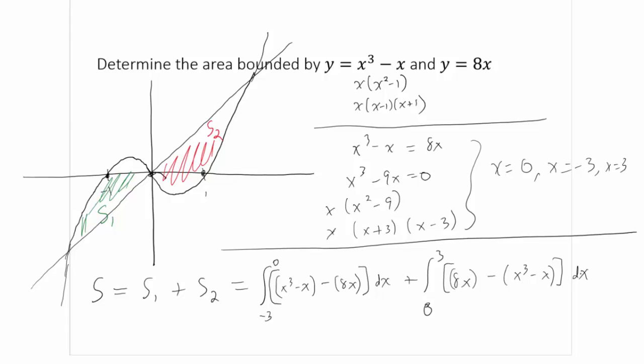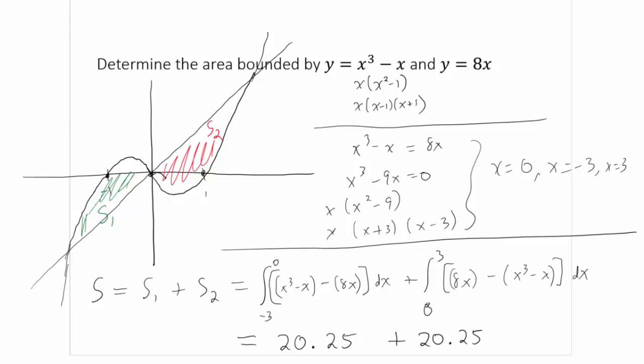We have the tools for that. I'm not going to bore you with those details. You can do those. But this first integral ends up being 20.25. And the second integral, the integral from 0 to 3, is also 20.25.